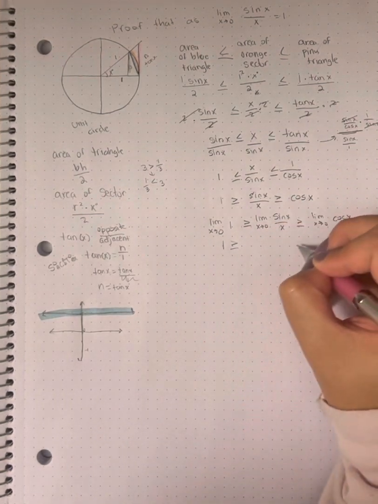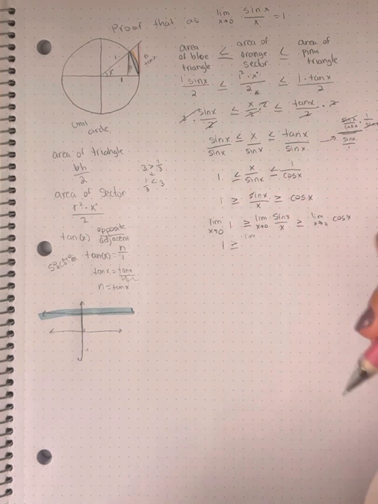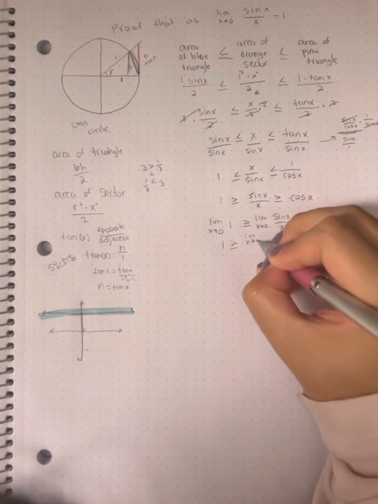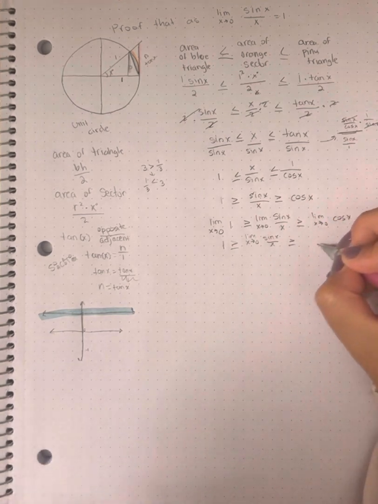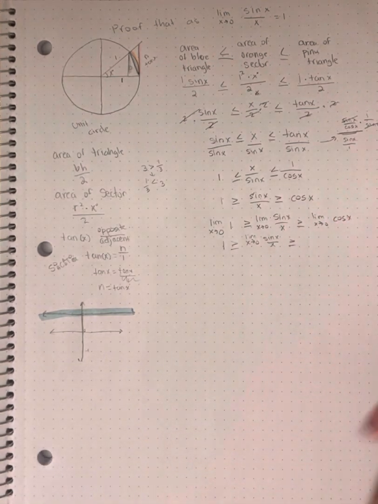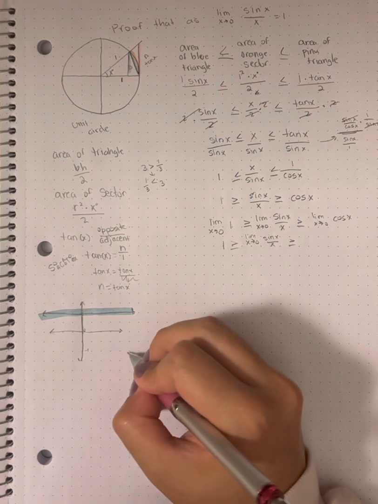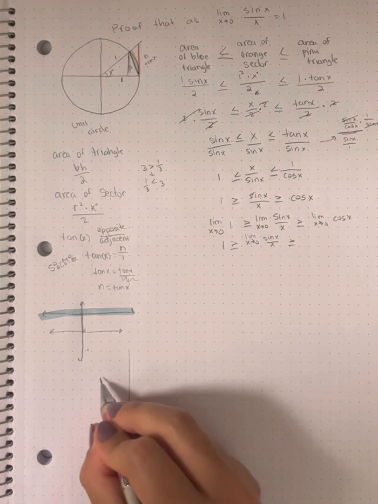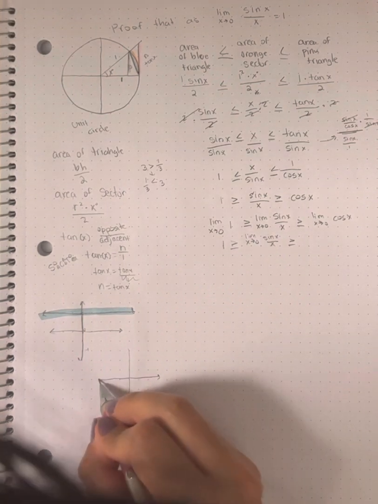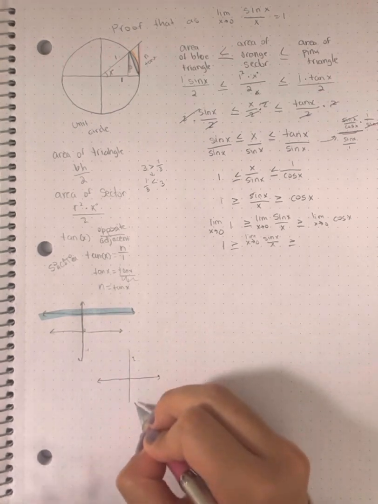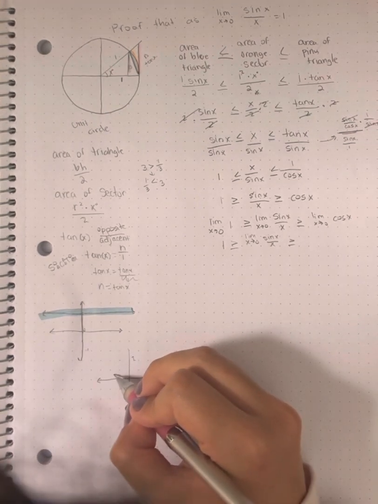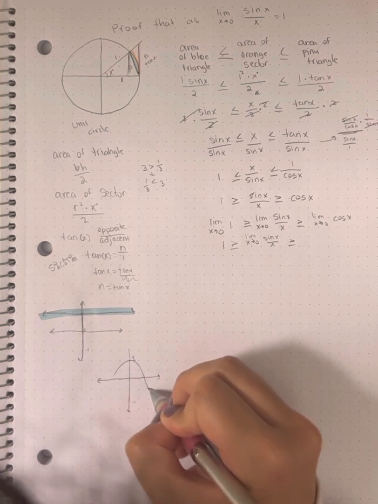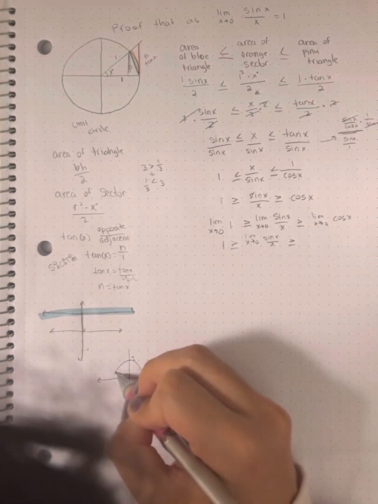And then on the other side, we know what a cosine graph looks like. If this was 1 and this was -1, it looks something like this, right?